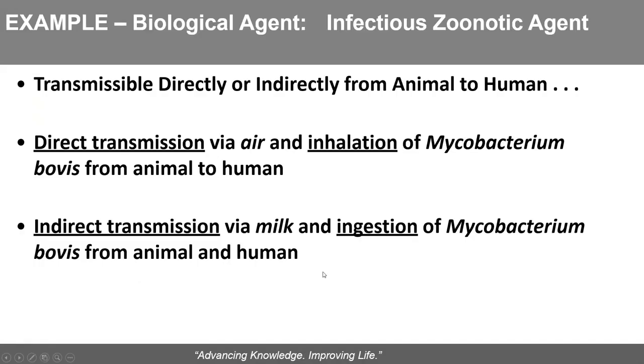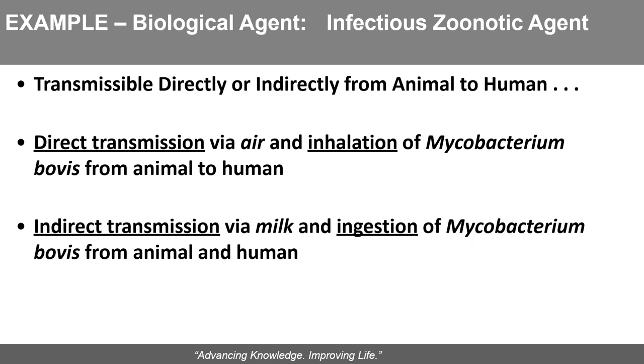All right. And so here's an example of a biological agent. This is specifically a zoonotic agent. And when I use the word zoonotic agent, just as a refresher for you, that means it's an infectious agent that is known to infect both animals. It's derived from animals and humans.